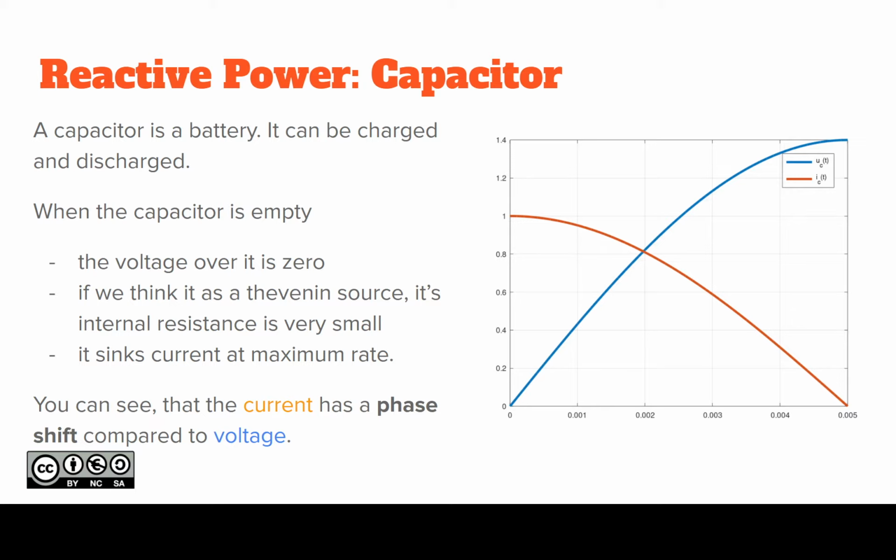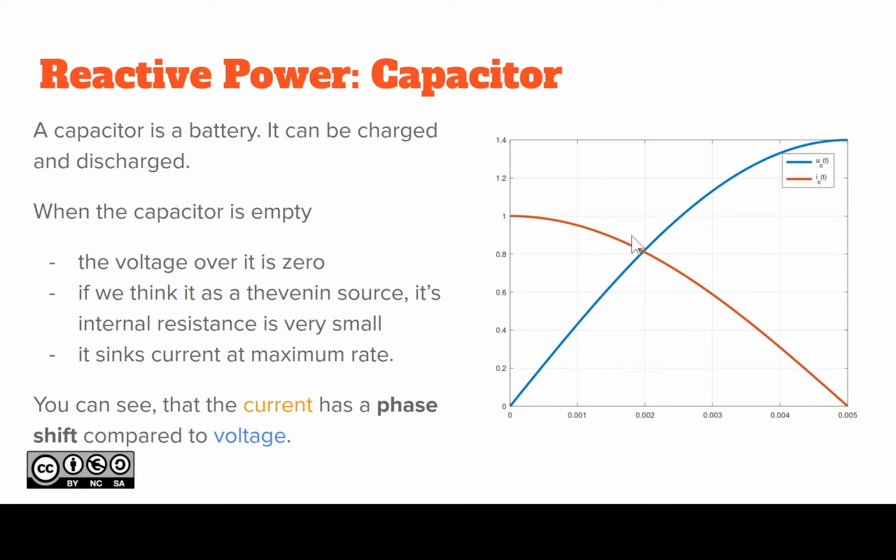It's proportional to the rate of this. And here at this point, the voltage change rate is high. It means lots of current is going there, charging the capacitor.